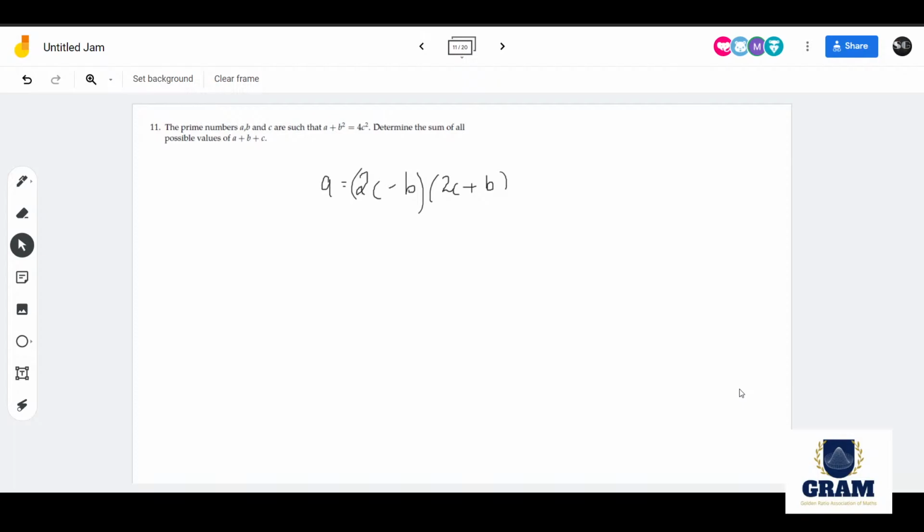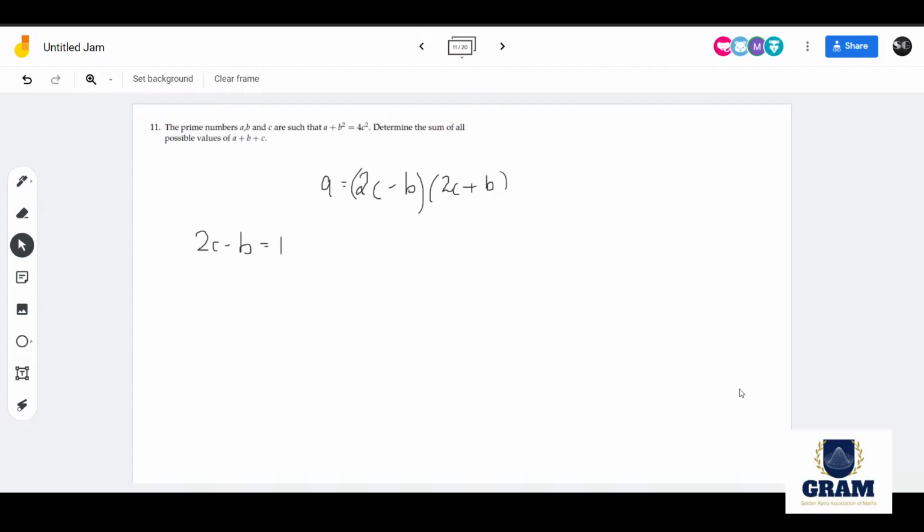And then 2c plus b, you have to check by mod 3, I suppose, because if you take mod 3, it would be easy to check.